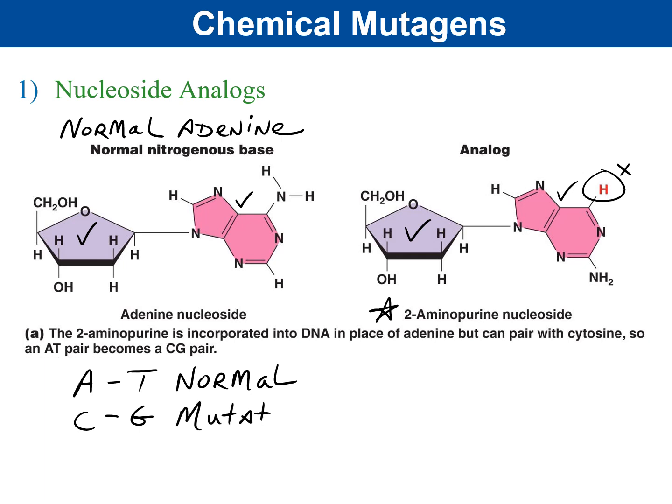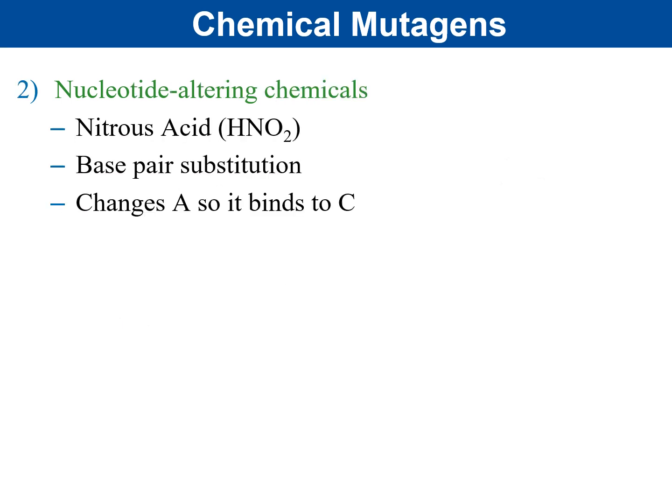So you can see how this could result in a base substitution or a type of point mutation. And so exposure to so-called nucleoside analogs like 2-aminopurine would result in possibly lasting damage and mutation.